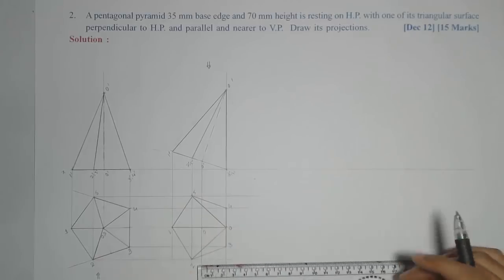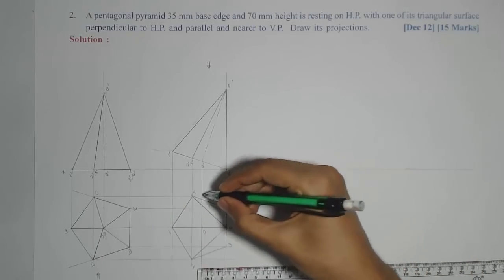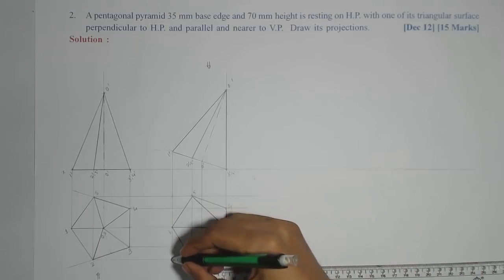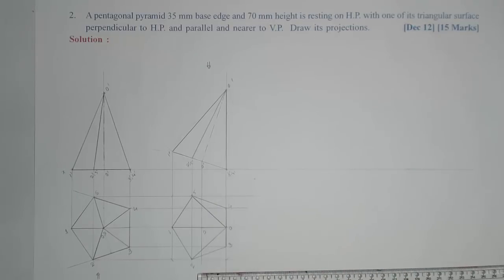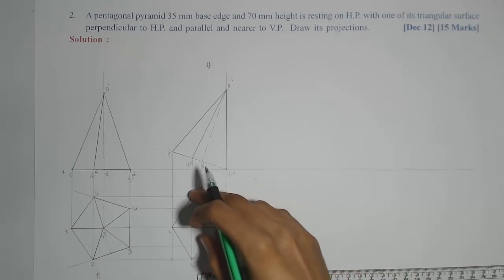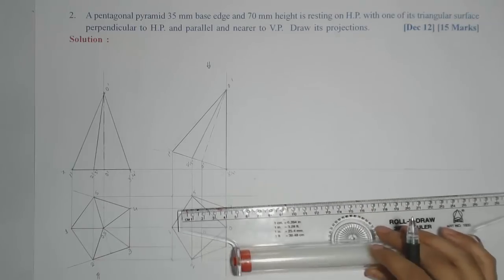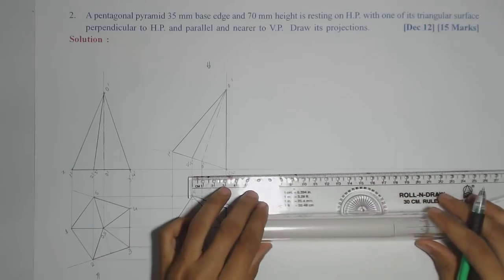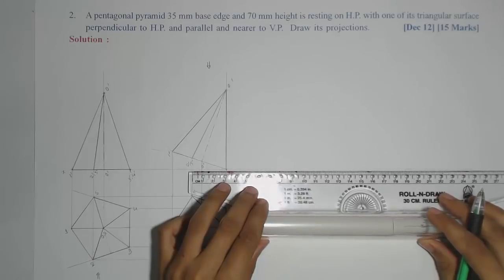So for that again I'll follow the method of rectangle. I'll first include the entire top view in a rectangle. Then I'll redraw this rectangle first. Then we'll mark the points accordingly. So first I'll draw a line parallel to XY.